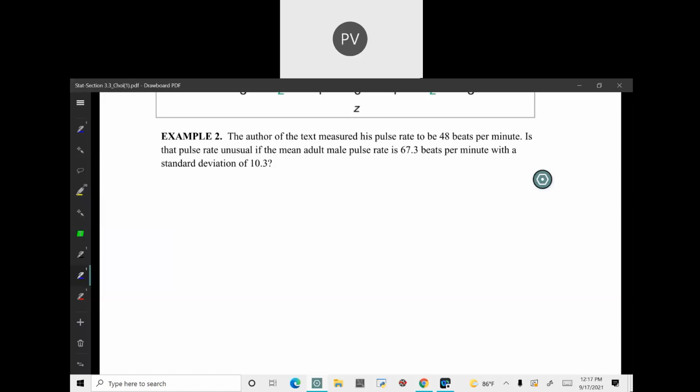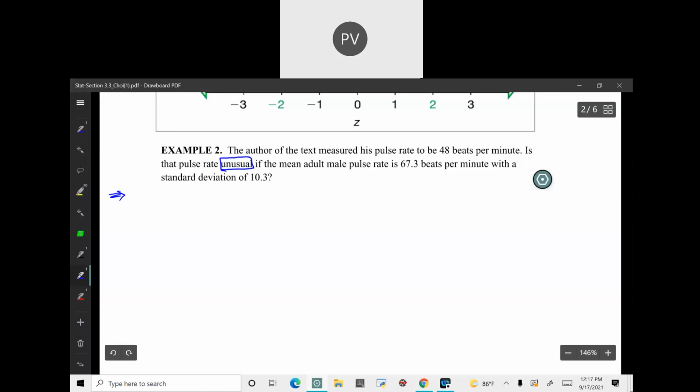Okay. Now we have another example where we are supposed to say whether the value is unusual or usual. Now what is x bar and s in this example?